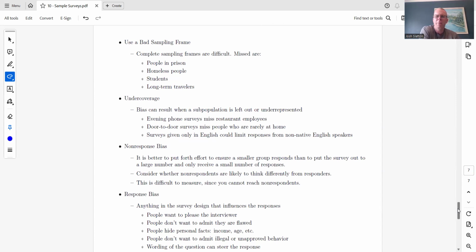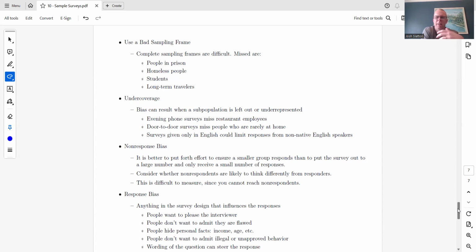Another mistake is to use a bad sampling frame. The last example with convenience is a little bit of a bad sampling frame: you go to the mall to find out people's opinions on shopping. Another example I like to use is you go to the Braves game and ask people what their favorite sport to watch is.